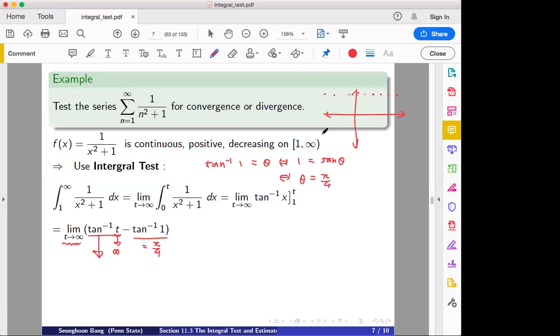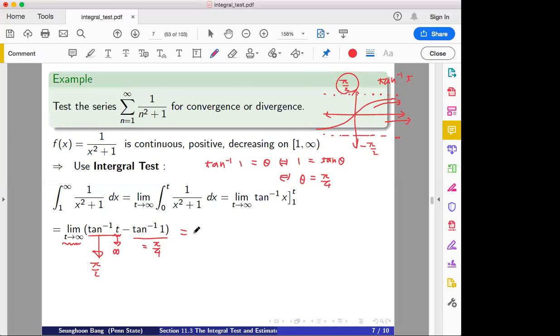We have the horizontal asymptotes, pi over 2 and negative pi over 2. The graph is increasing and just approaches the horizontal asymptote. As the t value approaches positive infinity, the inverse tangent of t approaches pi over 2.